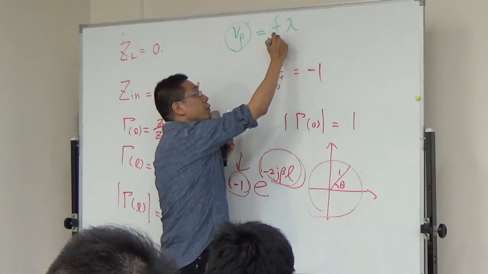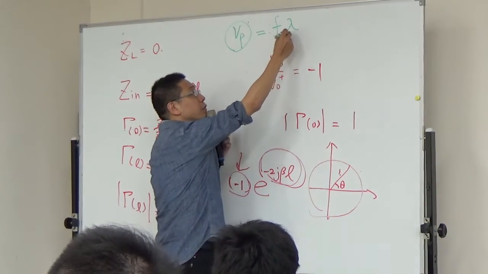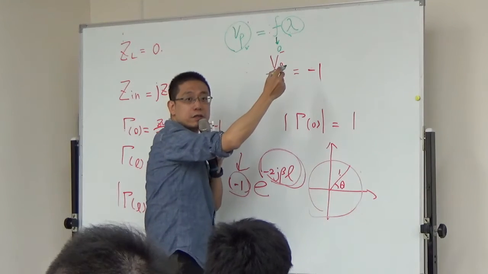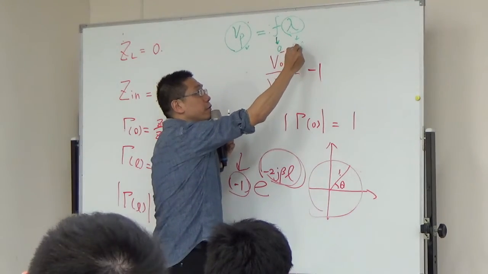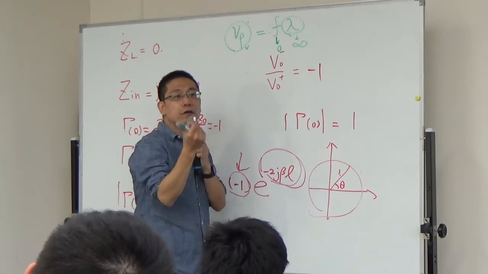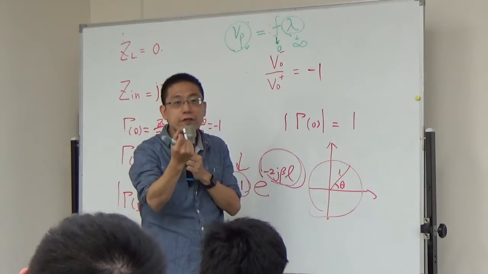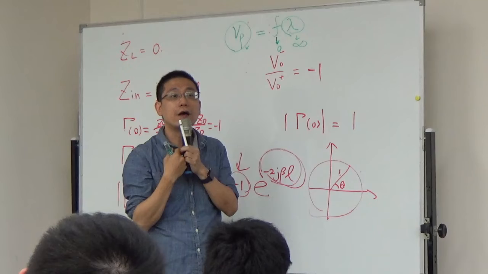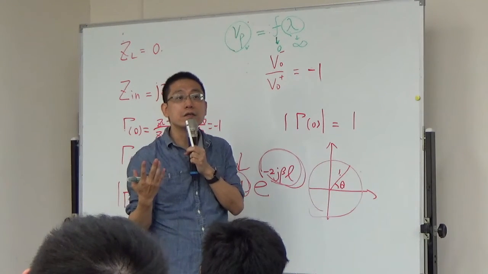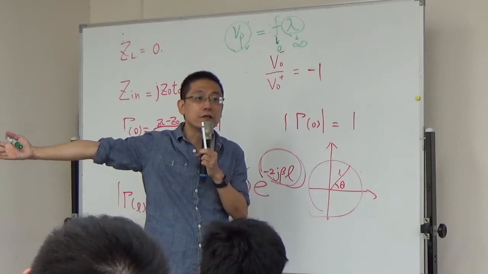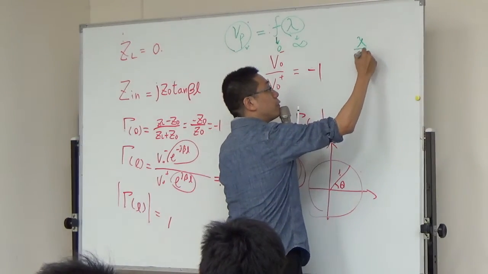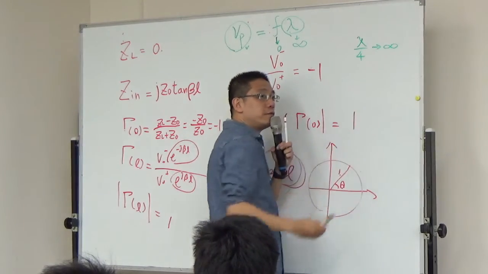If your frequency is 0, and this is the same, your wavelength is infinite. For very low frequency transmission line, your wavelength is infinite, which means lambda over 4 is also infinite.